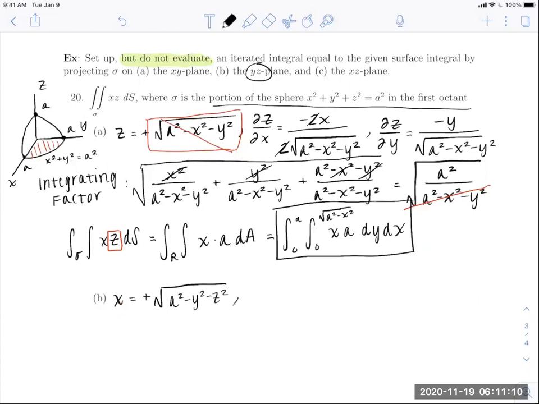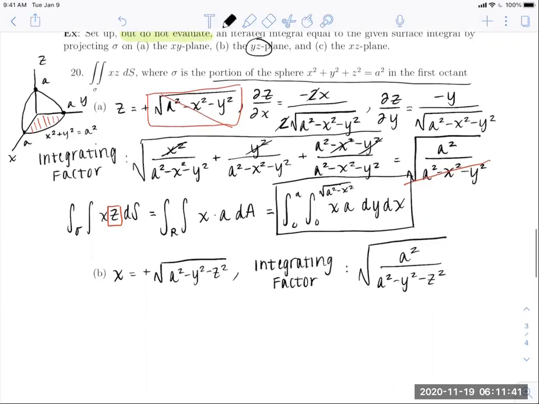So I'm just going to go ahead and skip to my integrating factor because it's going to be so similar to what I had in part A. I'm going to get an a squared on top, but instead of the x squared and y squared, I'm now going to have a y squared and z squared. So I have a squared minus y squared minus z squared. So saving some time just looking at the similarities between these problems, I'll just write that out.